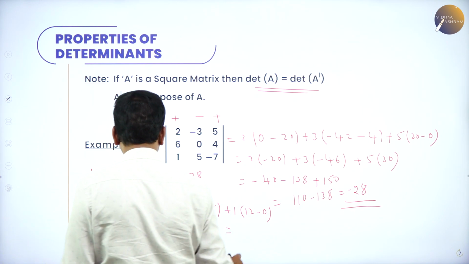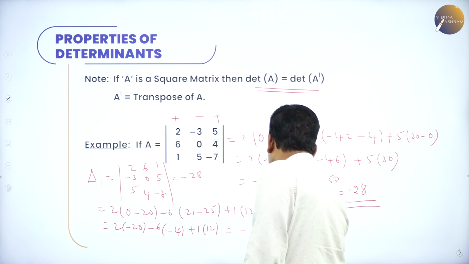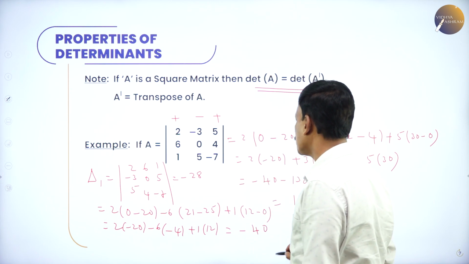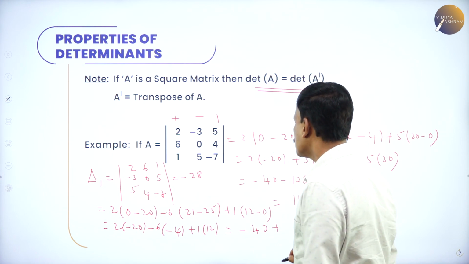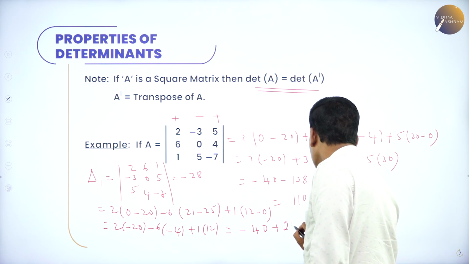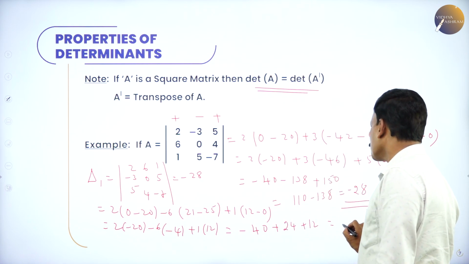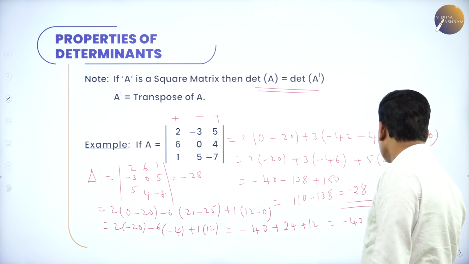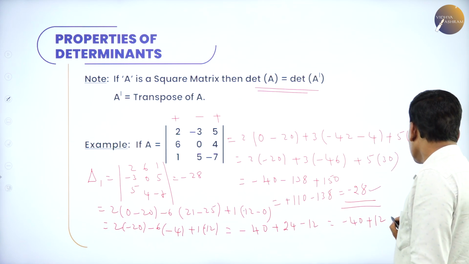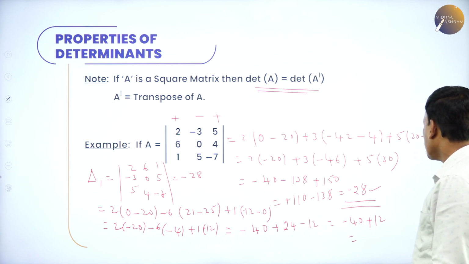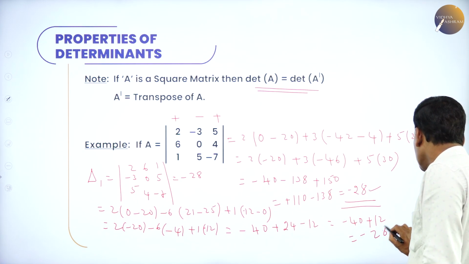So 20 into 2 is minus 40, minus into minus plus, 6 4s are 24, plus 12. So this is equal to minus 40, plus 24 plus 12, which is minus 28.